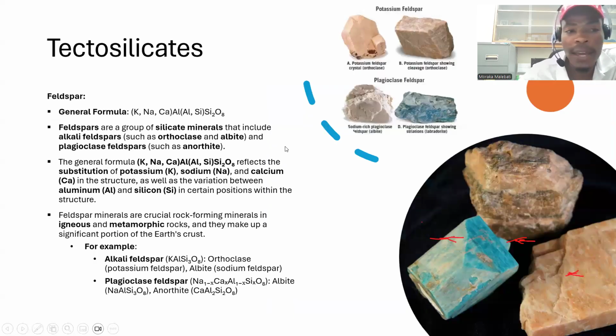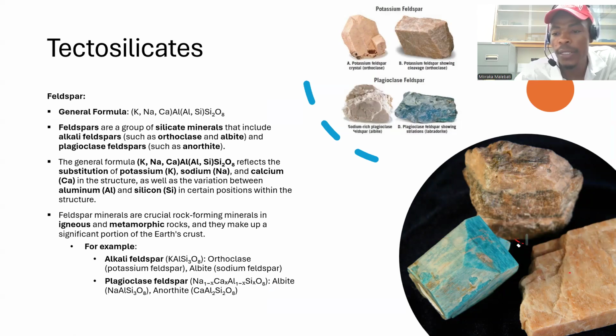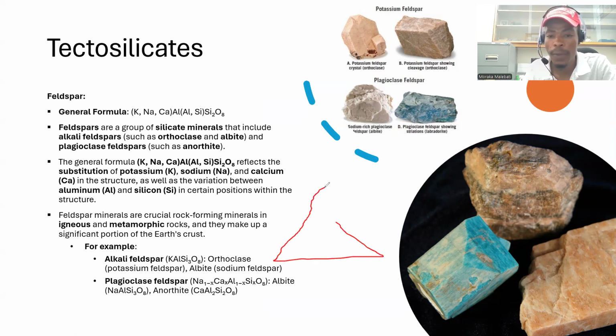And then the feldspars, which are also tectosilicates. So we know that the feldspars, we've got the potassium rich here, we've got the sodium rich here, we have got the calcium rich here.